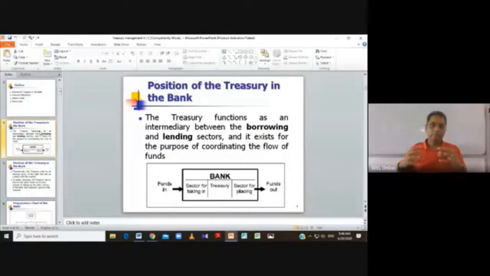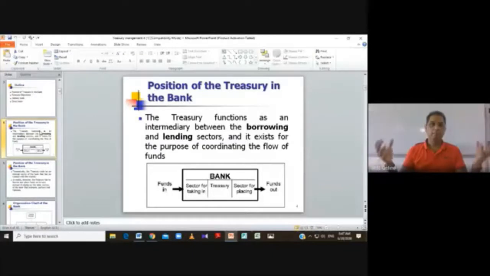Now, as things get more and more complex, you realize that managing the in-between, of taking the money, lending the money out, and managing the various requirements that we have discussed, liquidity, ratios, reserves, all these things, is a very complex situation.